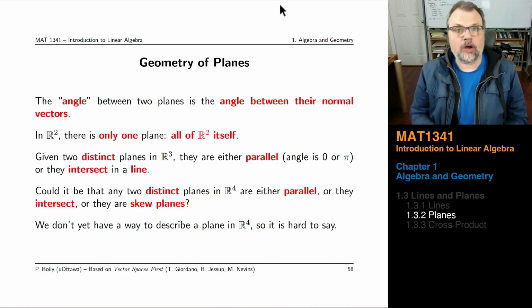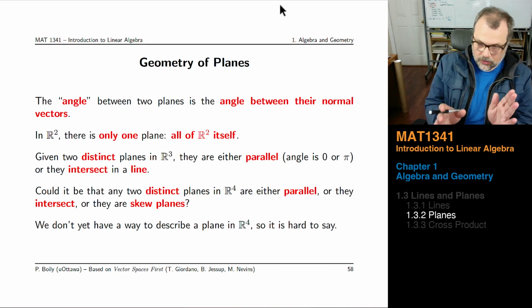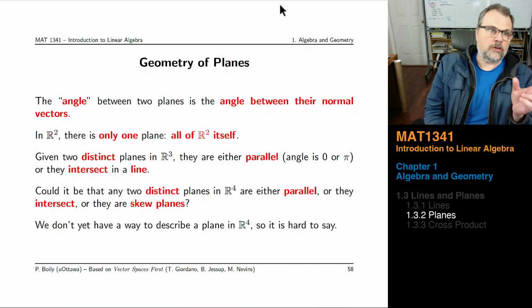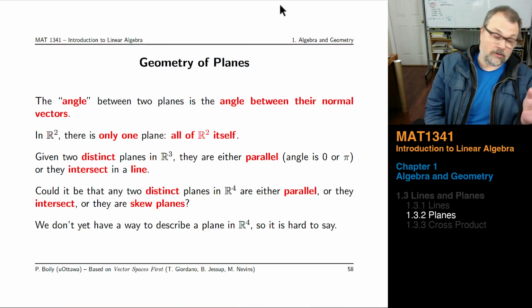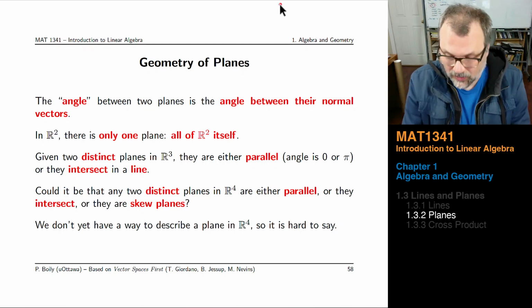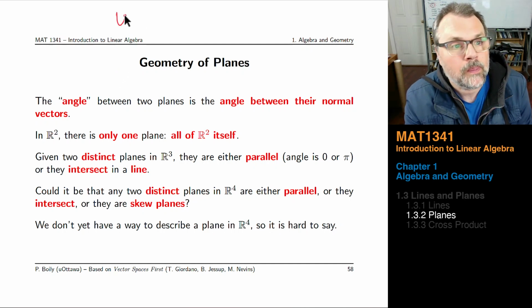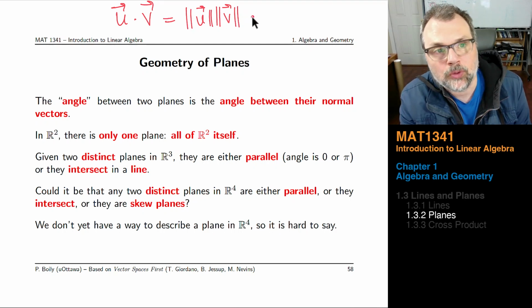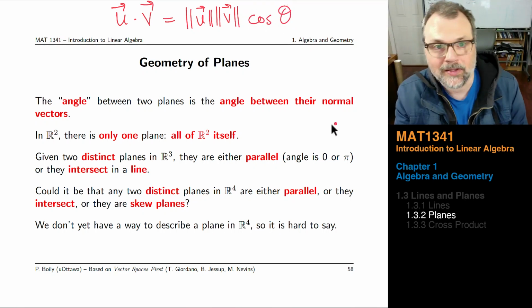We know that the inner product of two vectors gives us an expression that, amongst other things, contains the cosine of the angle between them. You write it out here. The inner product of u with v gives us a scalar, which is the norm of u times the norm of v times the cosine of the angle between the two vectors.